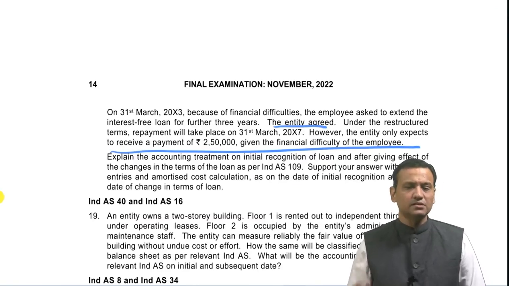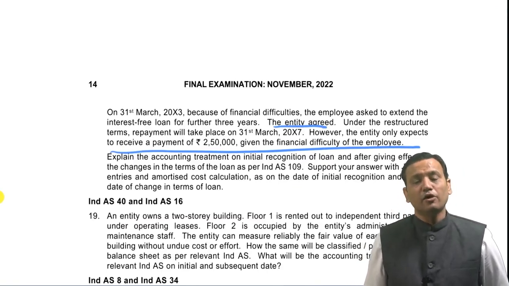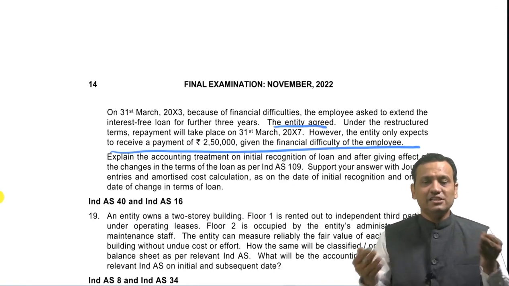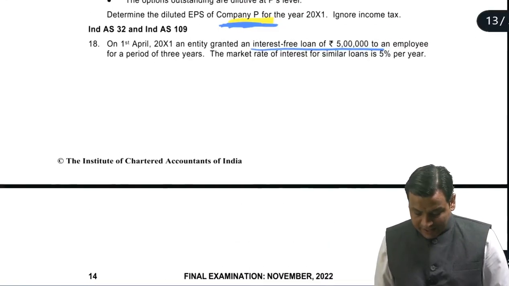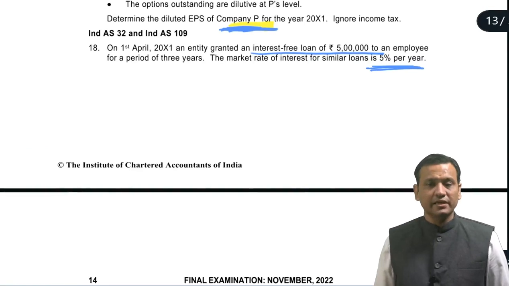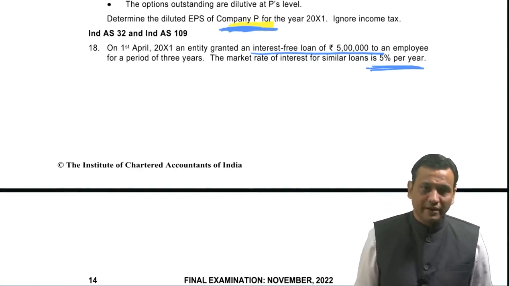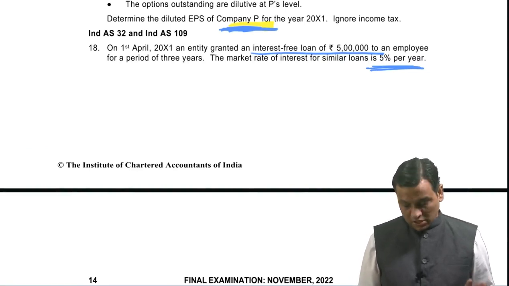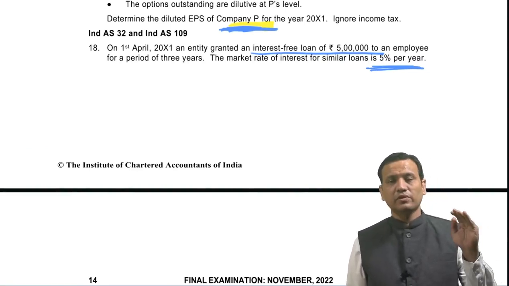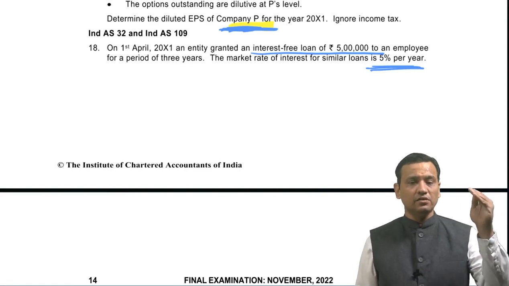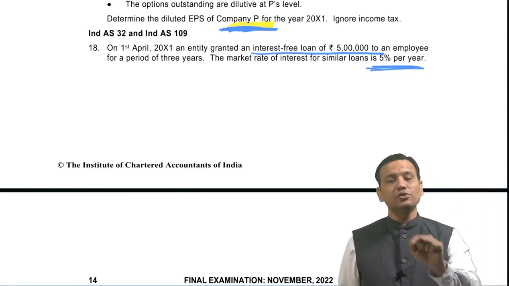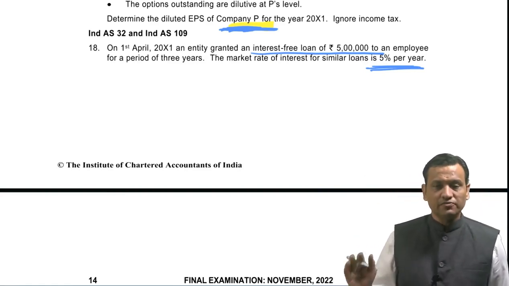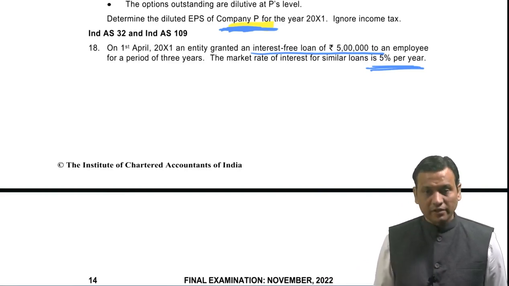Okay, that is the question. Now, my dear students, interest-free loan. The market interest rate is 5%. So, can I say we need to find out the transaction price? That is nothing but the fair value of the loan. Discount this 5 lakhs, because cash flows in year 1 and year 2 are 0. Only in year 3 are we going to get the cash flows. That is 5 lakh, which will be discounted using 5%, the market interest rate.